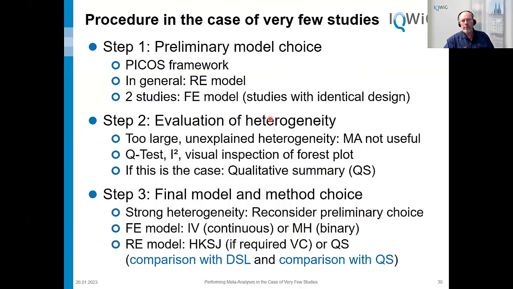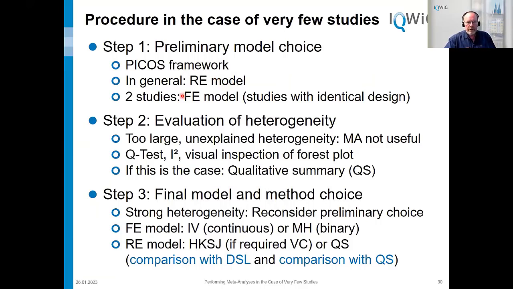how we decide which model we use for meta-analysis. In the first step, we use the PICOS framework to decide which model we use. In general, we use the random effects model because we say that in general heterogeneity has to be expected.